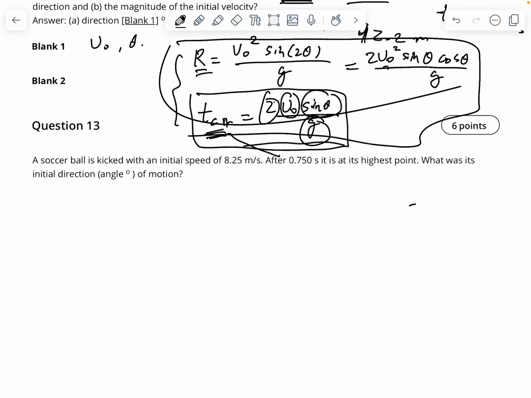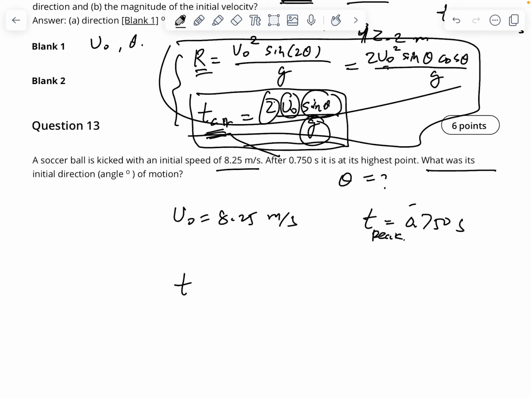A soccer ball is kicked with an initial speed of this. After t equals 0.750 seconds, it is at its highest point. What is its direction of motion? So this time is actually your peak time.